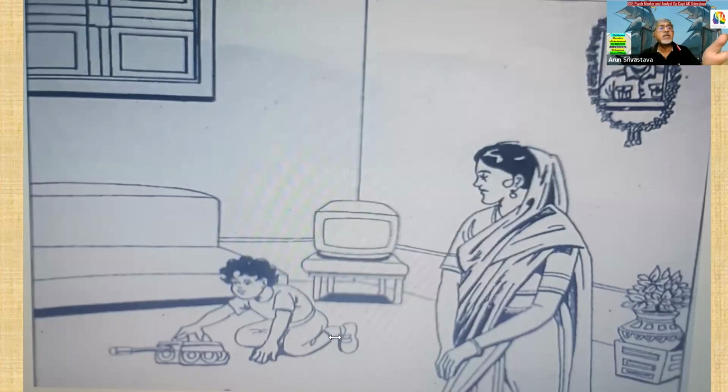Let us say the hero is someone they are waiting for to come, and there is a particular task. The hero has come to help this family. He's coming to help the family. Hero is yet to come. Hero has got some task. Let us say the hero is a young captain of the army, and one of his jawans has been martyred.